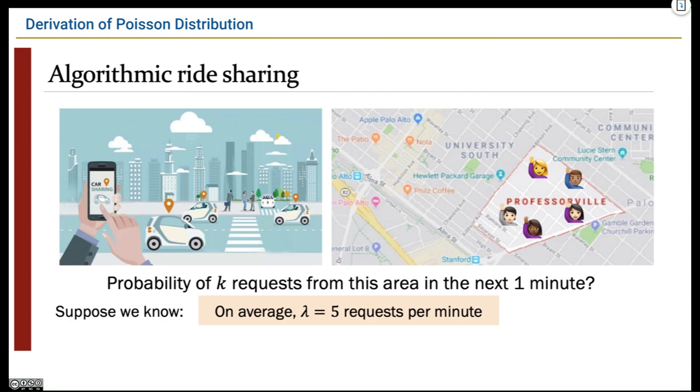Suppose we know for this given area that on average there are 5 requests per minute. I then would like to come up with what is the probability that I get 2 requests in the next minute? What's the probability I get 5 requests in the next minute? What's the probability I get 10 requests in the next minute? There is a distribution if I think of x as the number of requests that I get in the next time interval.